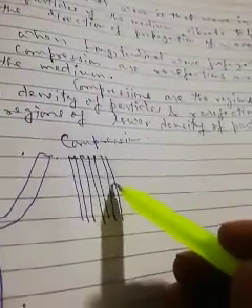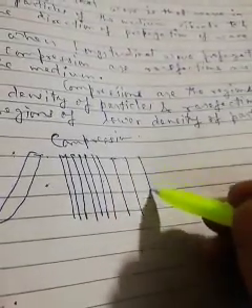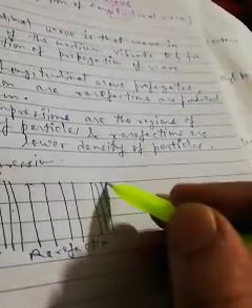Then when these particles come back to their place, rarefaction region will be produced. Rarefaction is the region of lower density of particles. Again the compression region is produced, and again the rarefaction region is produced.